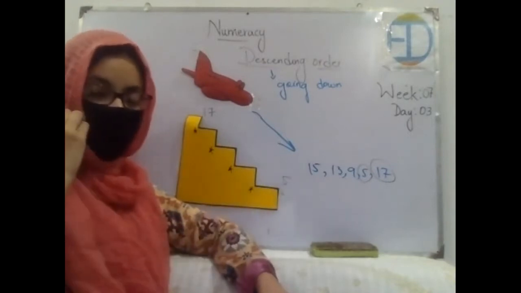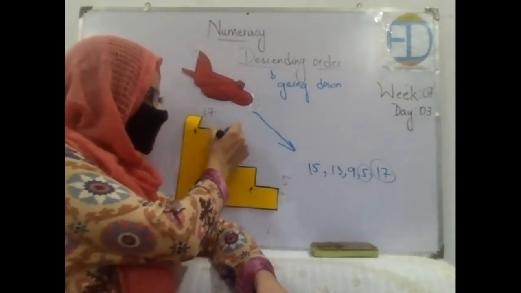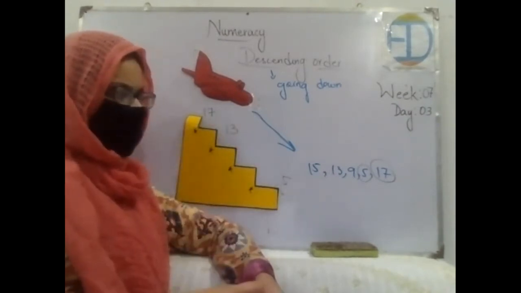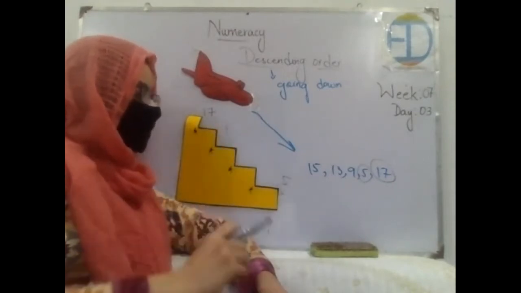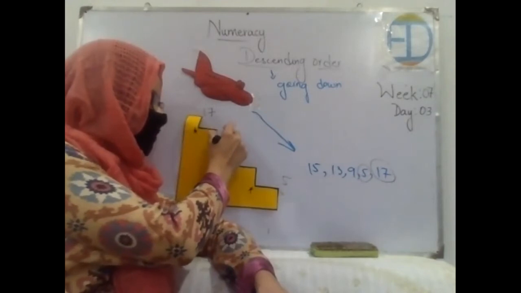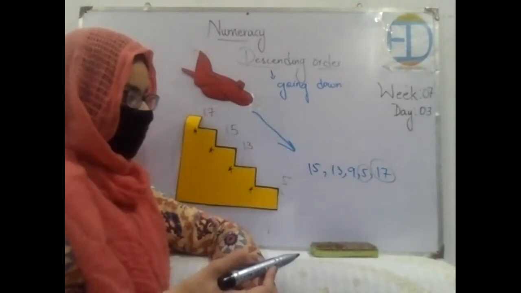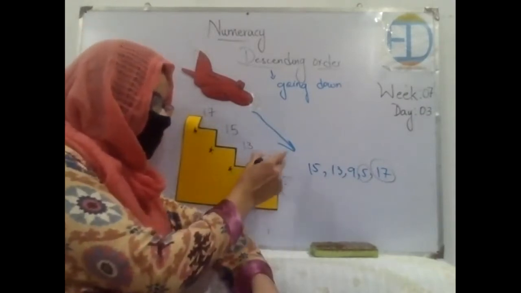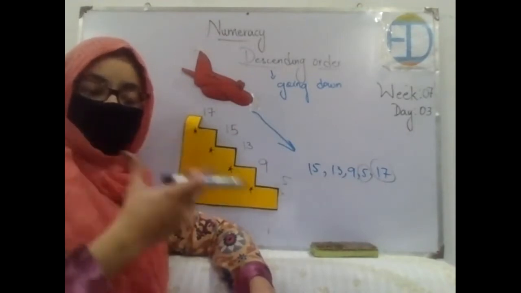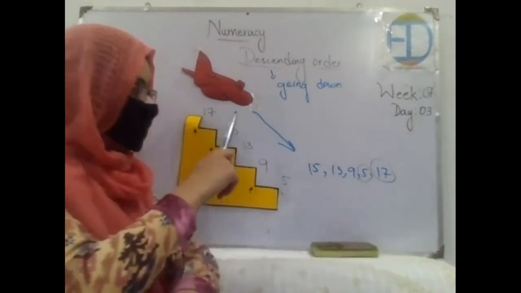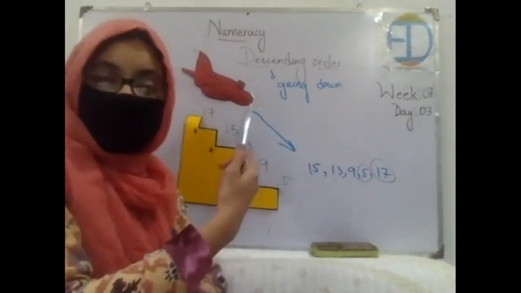It's 15. Very well done. Then 13. What will come next? It's 9, and 5 is already there. So when you write numbers in descending order, you first write the highest number and then move toward the downward direction.